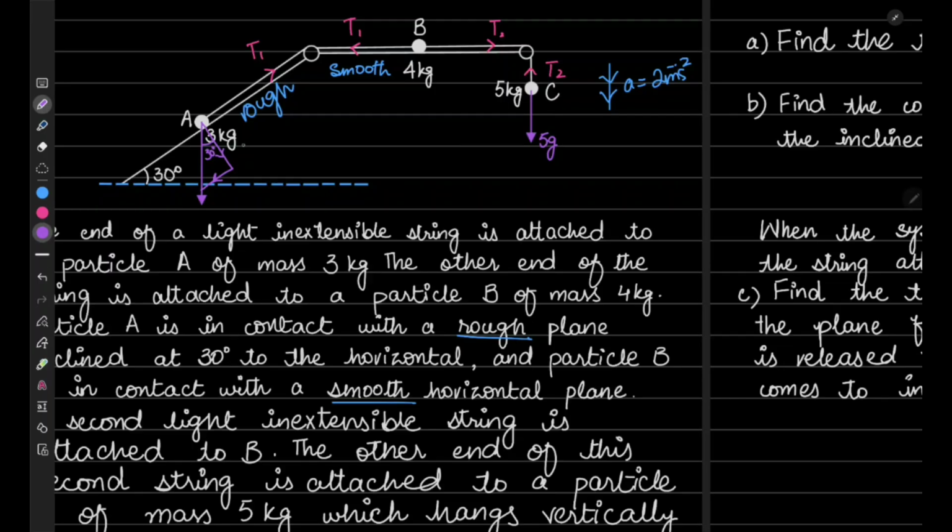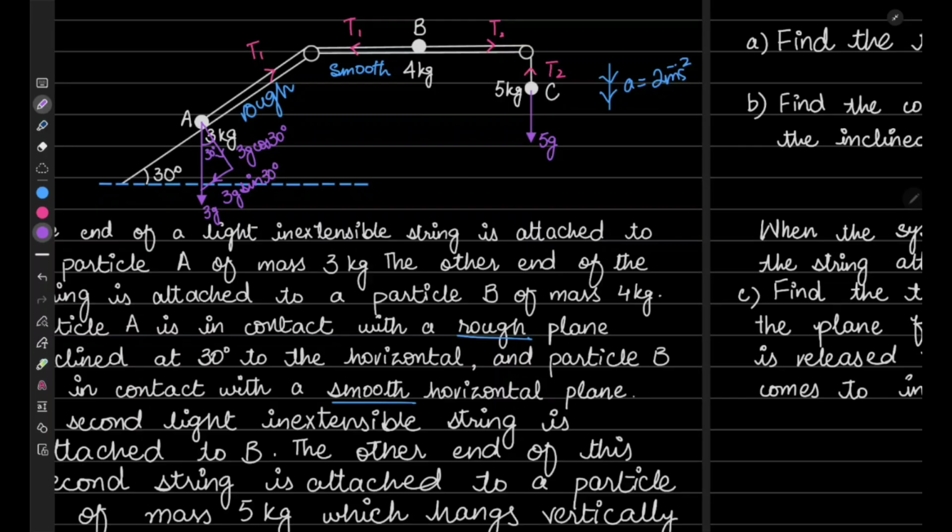Yeah, this side will become 3g cos theta along the angle, and that theta is 30 degrees. And this opposite to the angle becomes 3g sin 30.